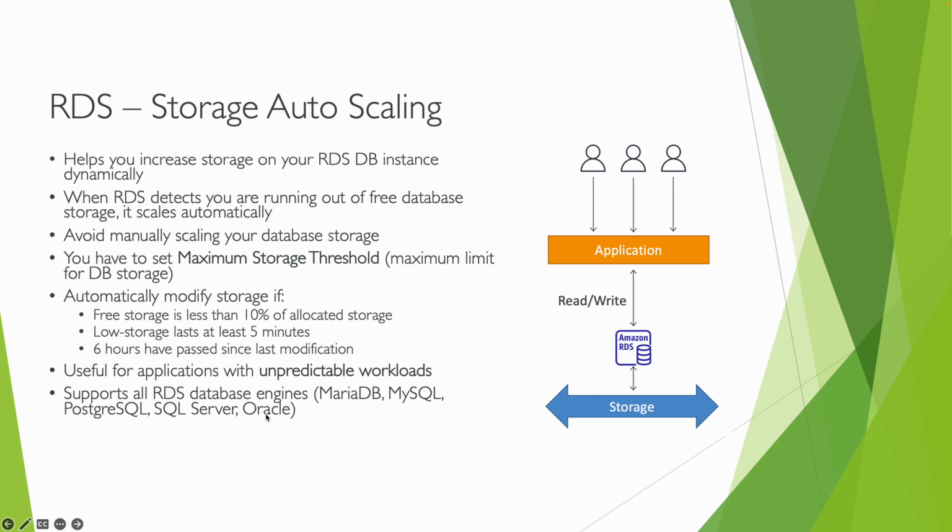For all these relational databases, this auto scaling of the storage is supported. So one thing you need to remember is RDS can auto scale the storage on its own. We no need to do anything manually, and we can set a limit on how much storage threshold it can expand to.